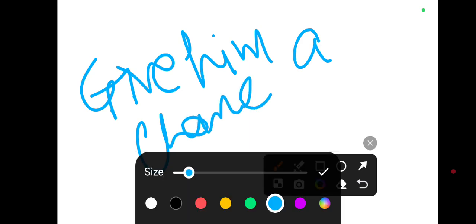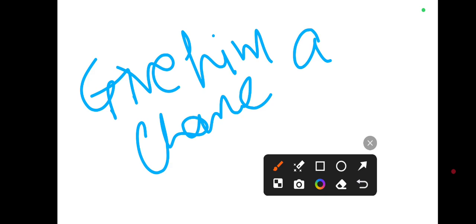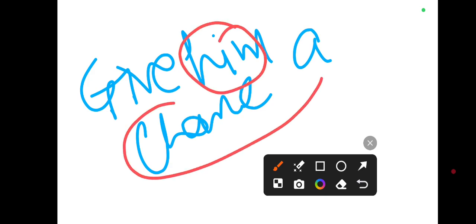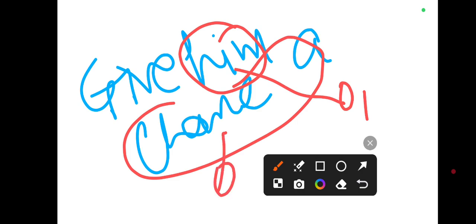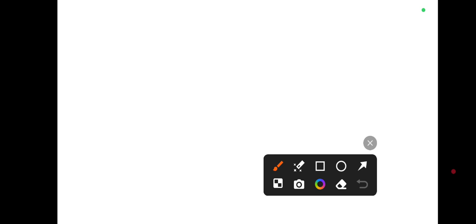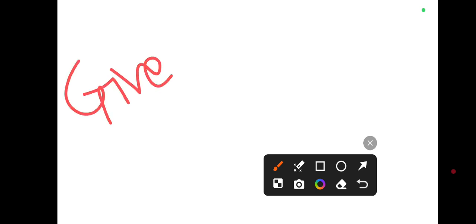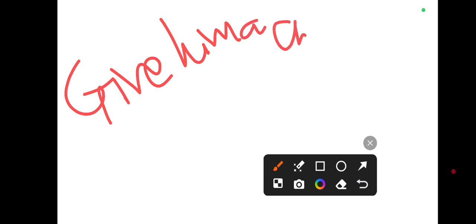So here what I'm trying to tell you is that there are two objects, object 1 and object 2. So there are two passive voices of such a sentence. First you have taken the object him; in the first one we take this.